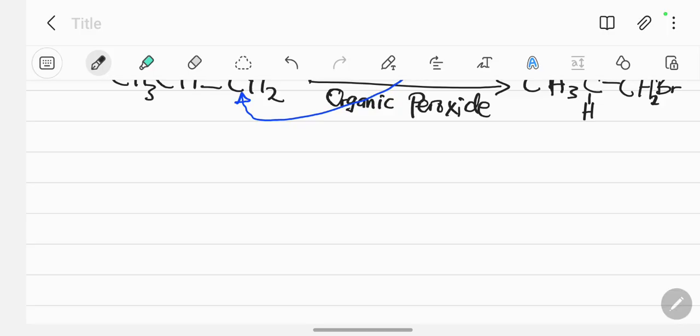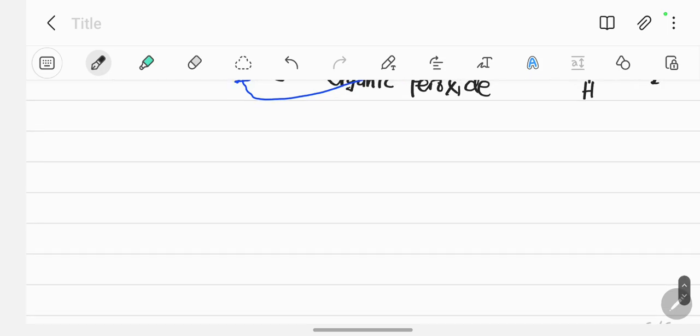So we move on to reaction with sulfuric acid, sulfonation.